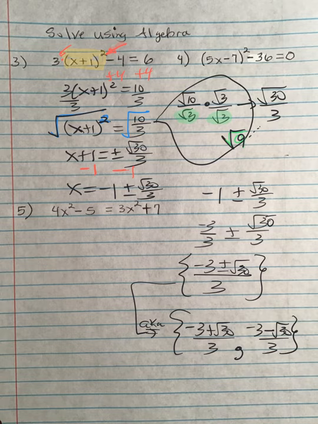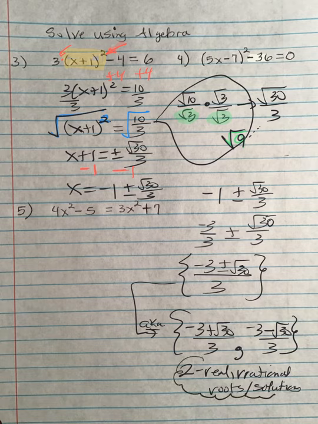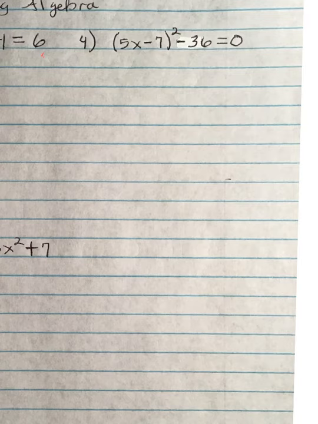So here we have what we call 2 real irrational roots, or solutions, or x-intercepts. We'll talk more about this vocabulary a little bit later, but that's the answer for that problem. That was a doozy. Okay, number 4. We need to add 36 to both sides.